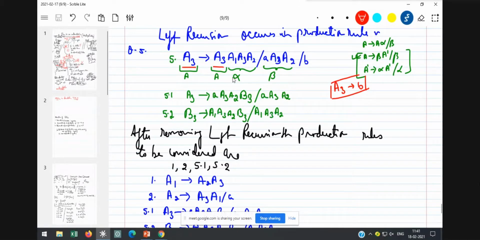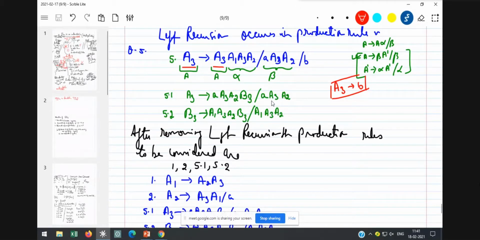While removing the left recursion, we have introduced one new non-terminal, which is B3, and then we have to add this terminal B somewhere in 5.1 or else in 5.2. Now, where to add this?